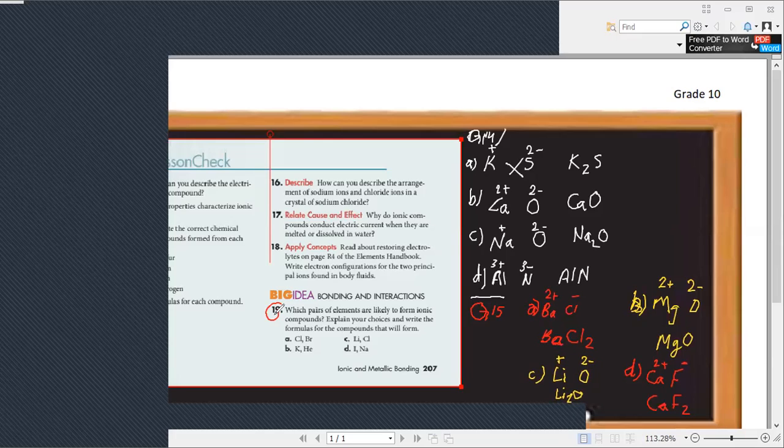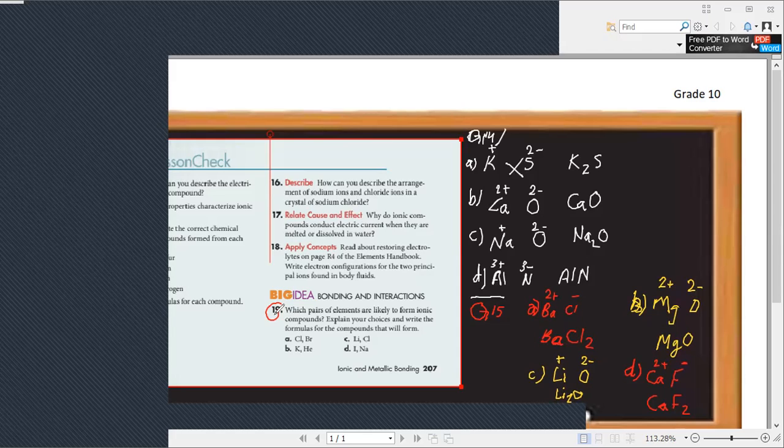No problem. I want to remind you that any element in group 1A or 2A or 3A, group 1 and 2 and 13, always forms a positive charge ion. The charge of this ion will be equal to the number of the group.